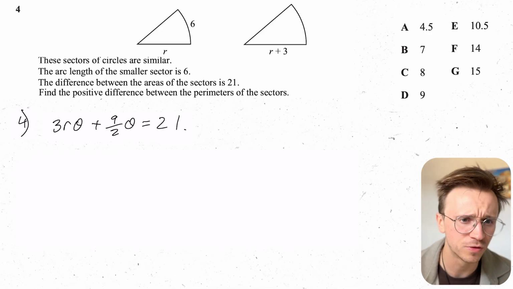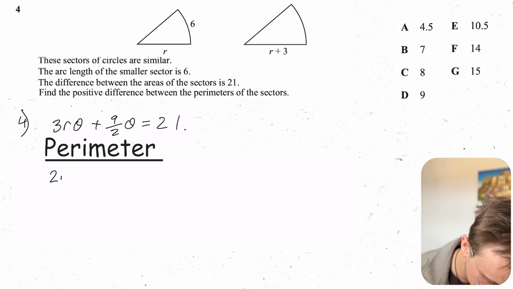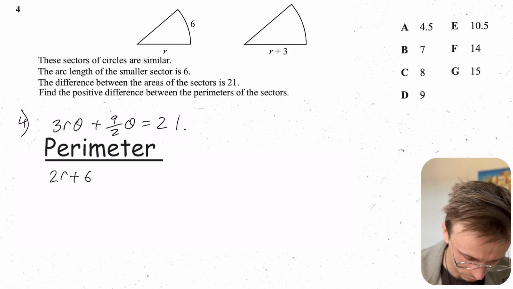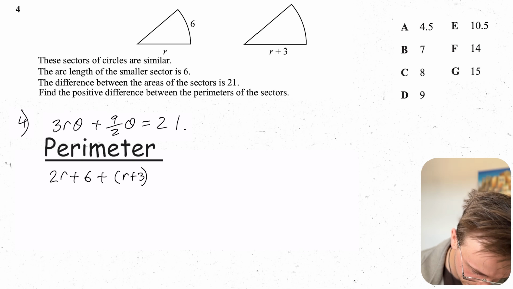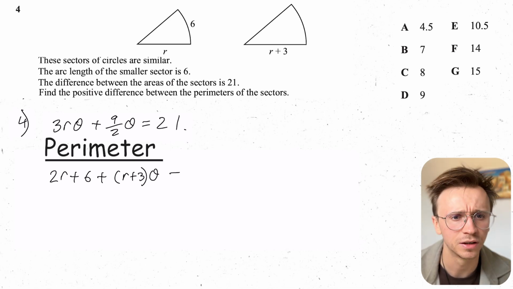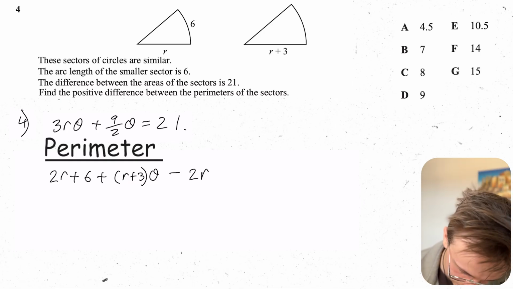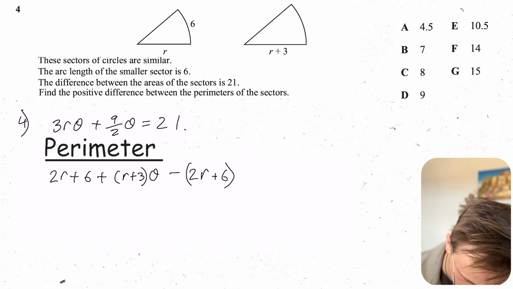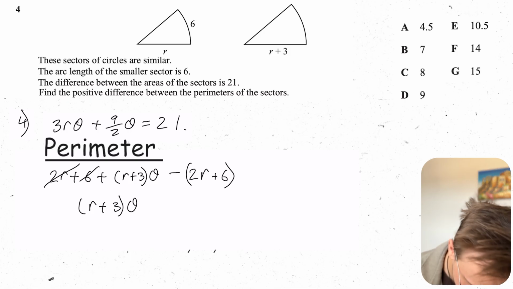So the perimeter of the sector is 2r plus 6 from the bigger shape, plus r plus 3 theta, minus 2r minus 6. Well, plus 6 in there. So then they cancel out, and I just need to work out what r plus 3 theta is.